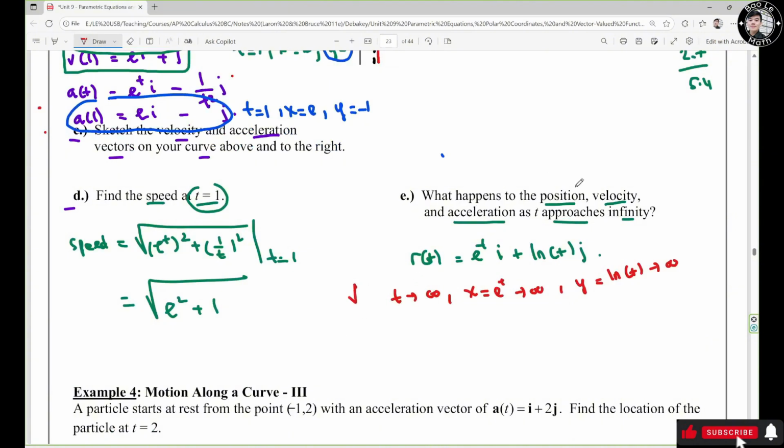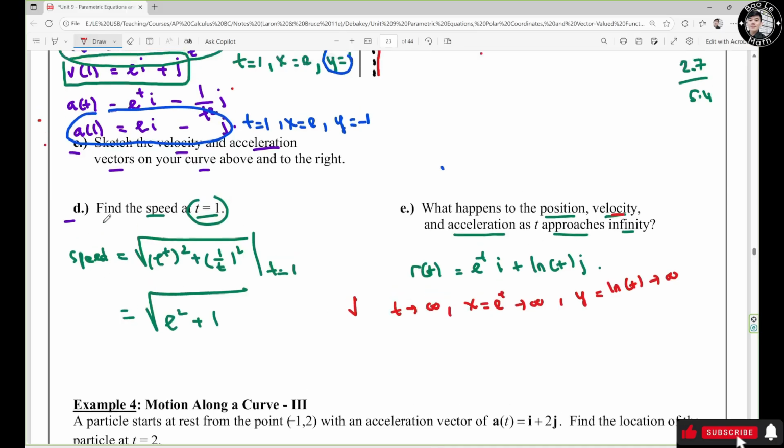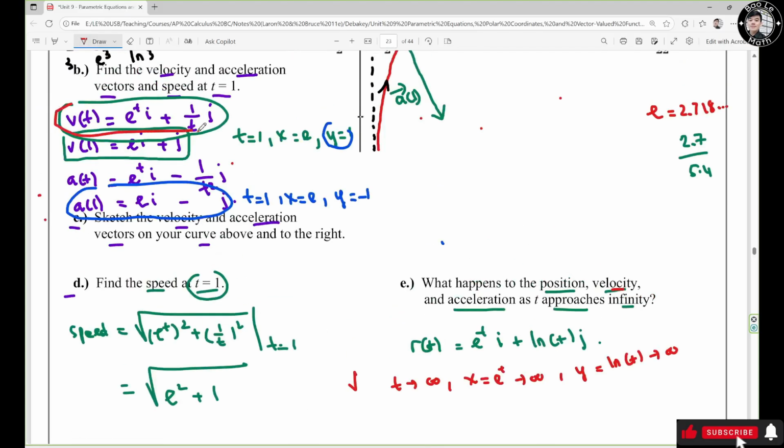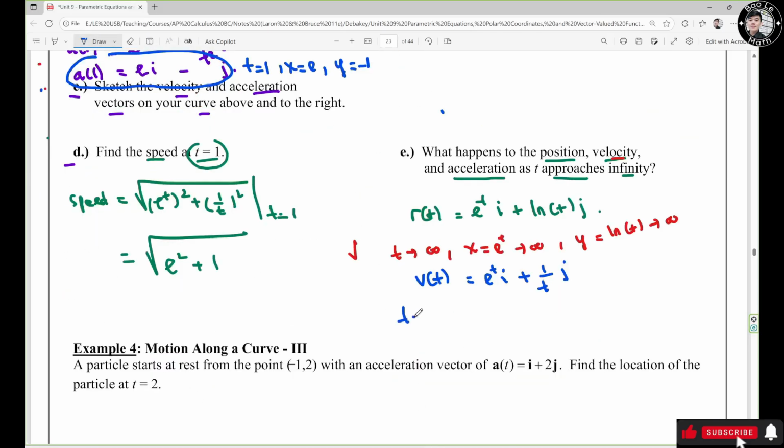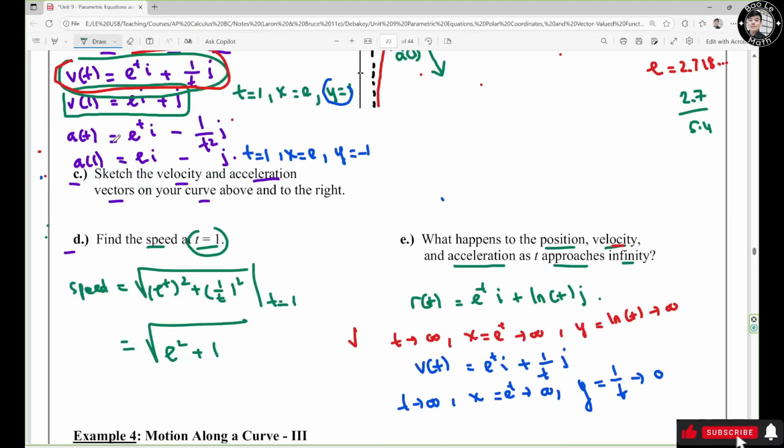Now the velocity, so the velocity function is right here. So we copy this one down over here. Now when t approaches infinity, the x component e to the t approaches infinity. The y component 1 over t approaches 0. Now the last one, acceleration, is going to be right here.